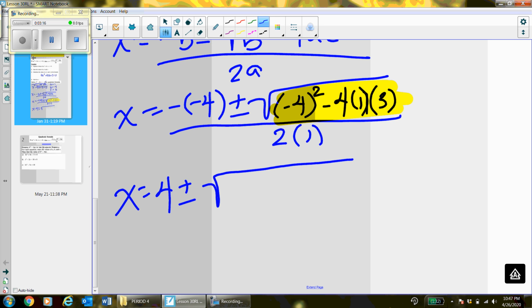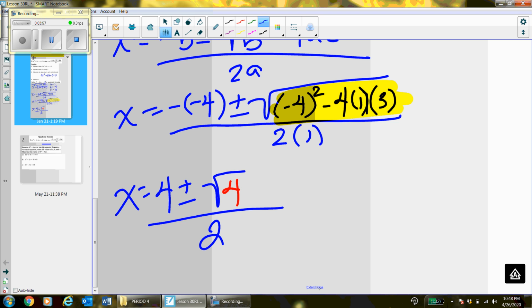So let's go to my calculator, and I'm going to type in parentheses negative 4 squared minus 4 parentheses 1 parentheses 3, and that gives me 4. So I did all of that in yellow, negative 4 squared minus 4 times 1 times 3, and it gave me a positive 4. And then 2 times 1 is 2.